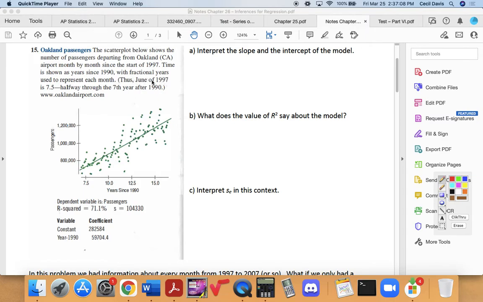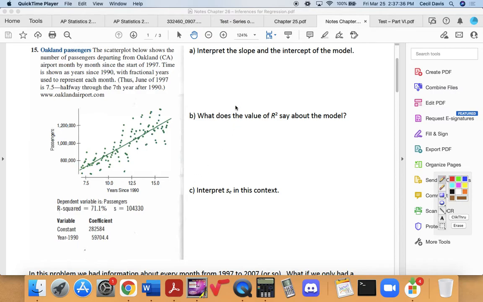This is just our scatter plot. On these, most of the time, you're going to be given a computer printout of information very similar to this.